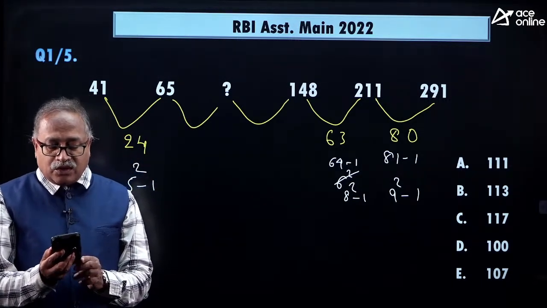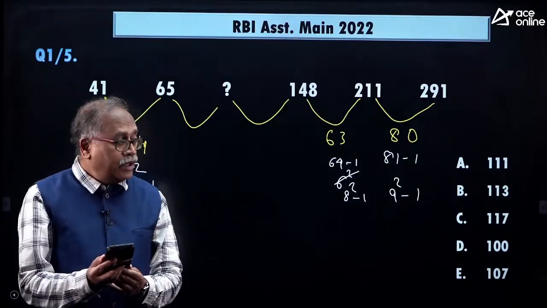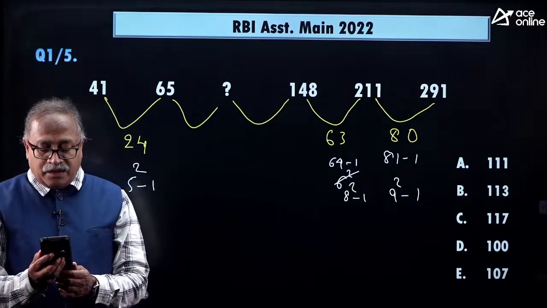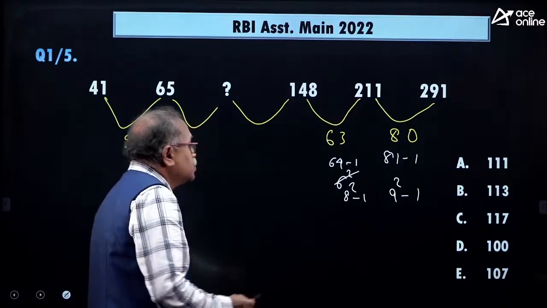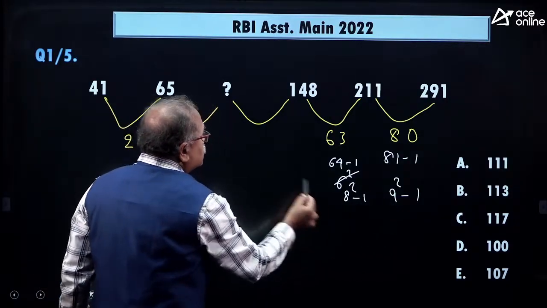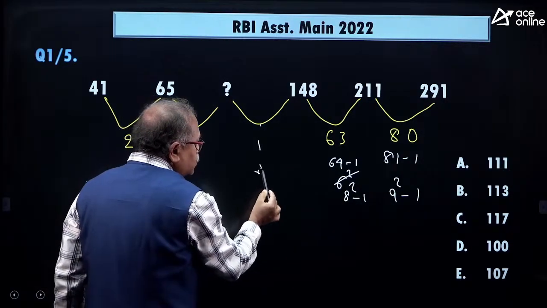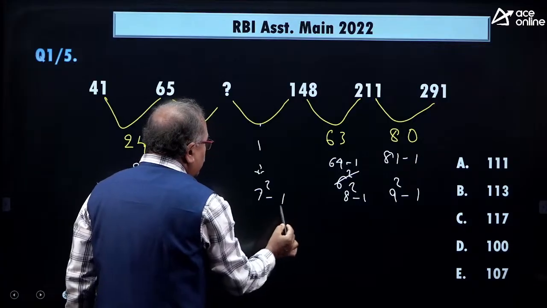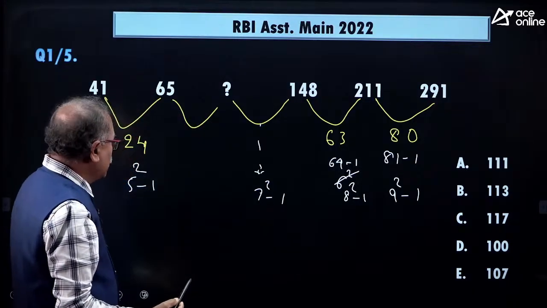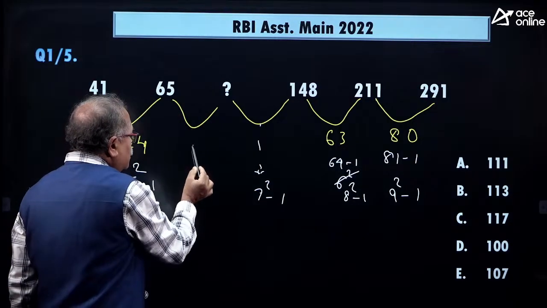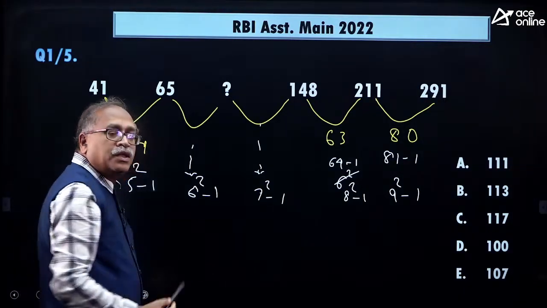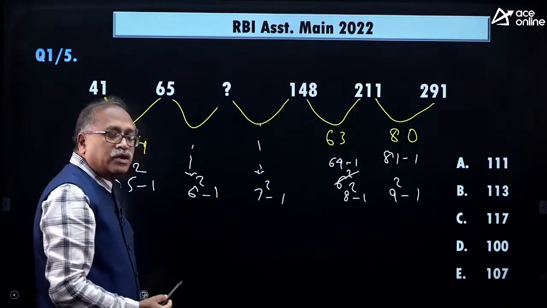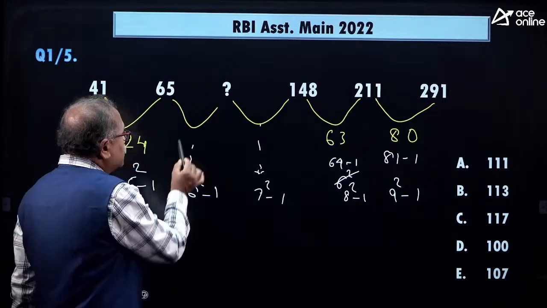Whoever is watching now, I hope Aman is there. He will answer the question here. Put the pattern here first. So if this is a 9, this is 8, and this has to be 7 square minus 1, and this has to be the difference 6 square minus 1. So what is that 6 square? 36 minus 1.